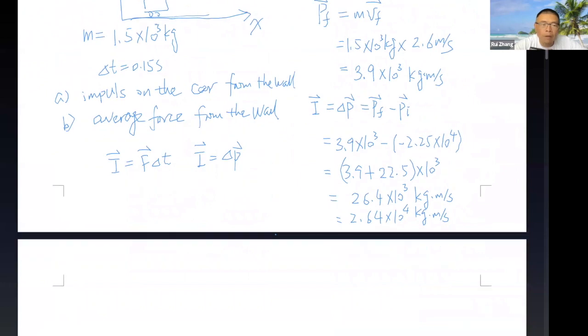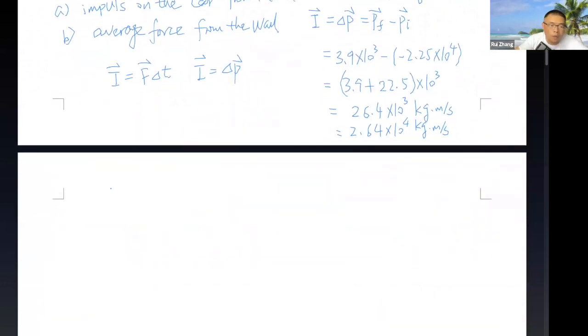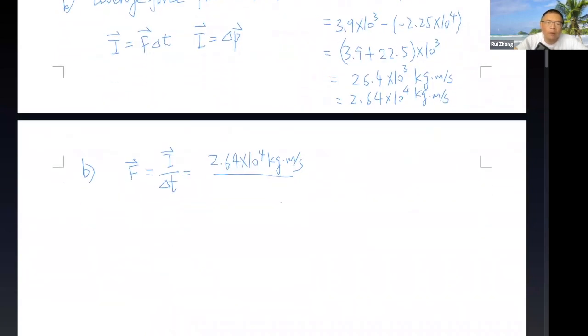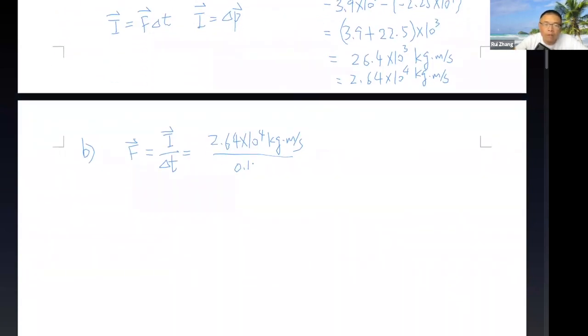Now, what about the force? Because we know the impulse here, we can get the force directly from the definition of impulse. Just take the impulse divided by the time. So we have 2.64 times 10 to the fourth divided by the time of the collision, which is 0.15 second.